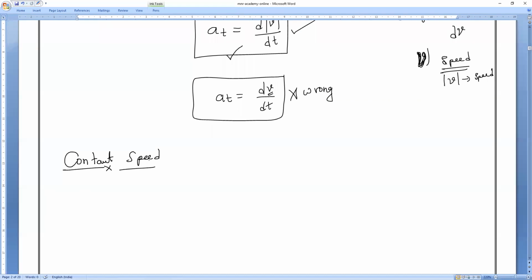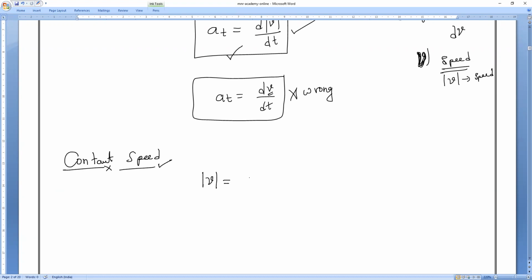What is that acceleration? Centripetal acceleration. Now, I am saying constant speed means what? The magnitude of velocity remains constant. That is the meaning of it.